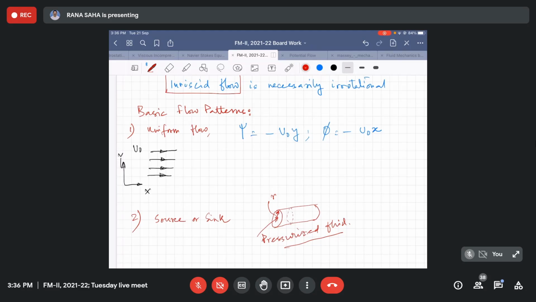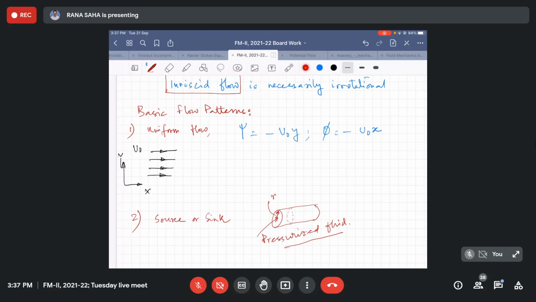It means that as you go towards the center, your velocity will go on increasing, and at the center there is a situation of what we call a singularity or point of no solution. That means at the center you are going to have the situation undefined. Okay, so that is the typical phenomenon of source flow.